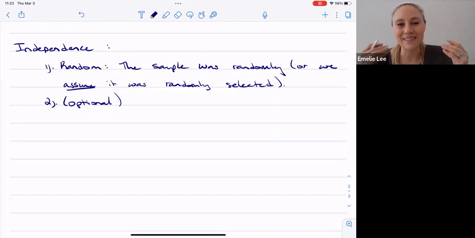But in the independence situation, if we are trying to assume that all the observations are independent of each other, that becomes a problem when we've collected too much of the population. Because then you're opening yourself up to sampling from the same household, or just having dependent observations in your sample. So to try to avoid that, you try to collect less than 10% of the population.